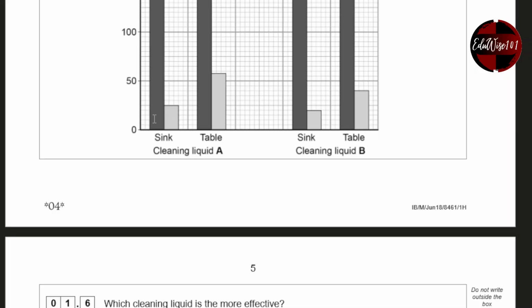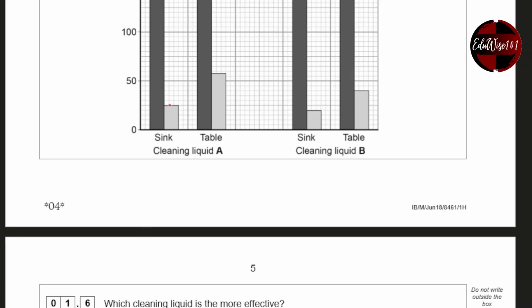So you can see after using liquid A is 25 on the sink and slightly lower than 60 on the table. Cleaning liquid B is about 20 and 40. So let me actually write the answers down.